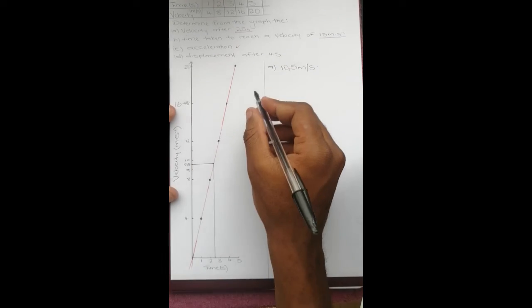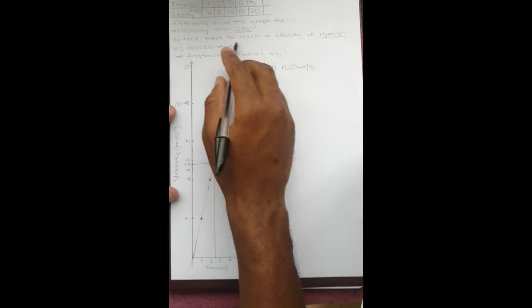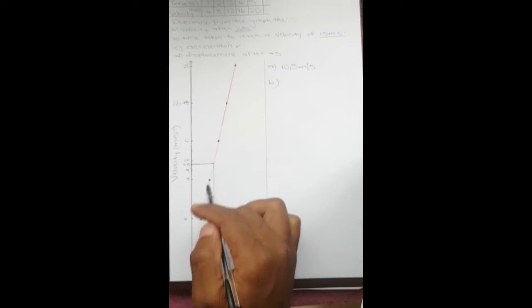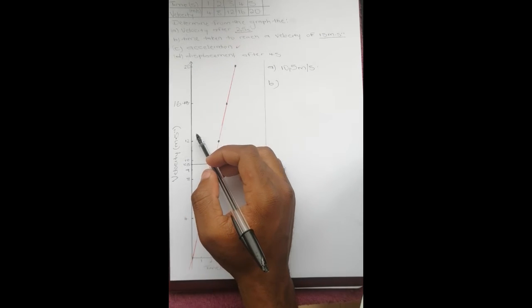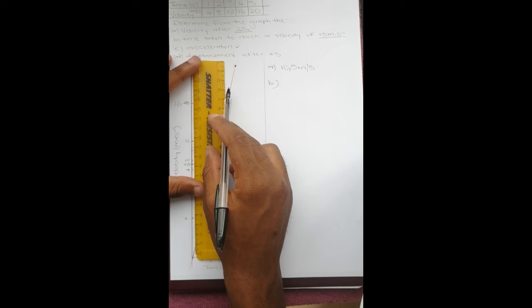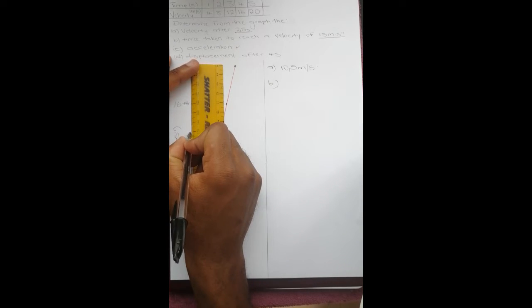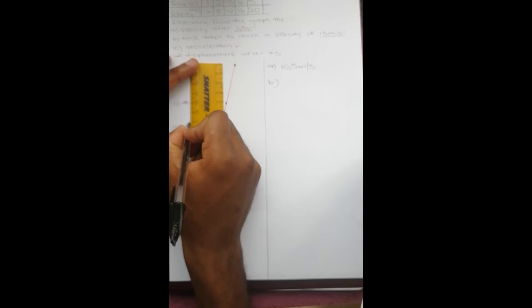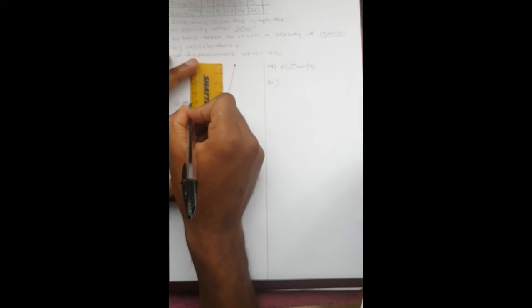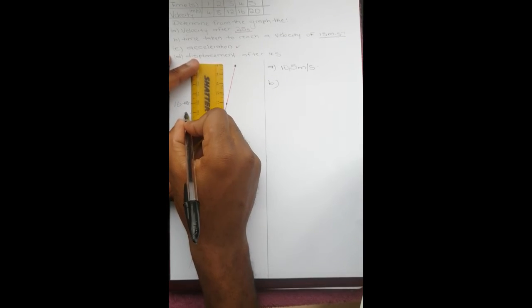And then B says time taken to reach a velocity of 15, so we go to the velocity axis and we find 15. If we check here from 12 to 18, we've got 13, 14, 15 and 16, so 15 is right here.